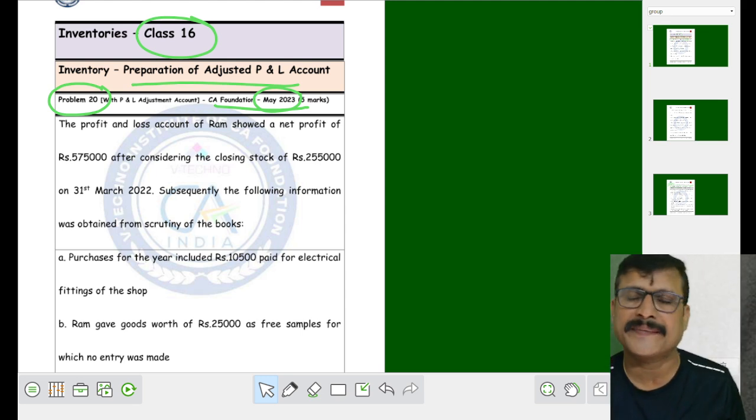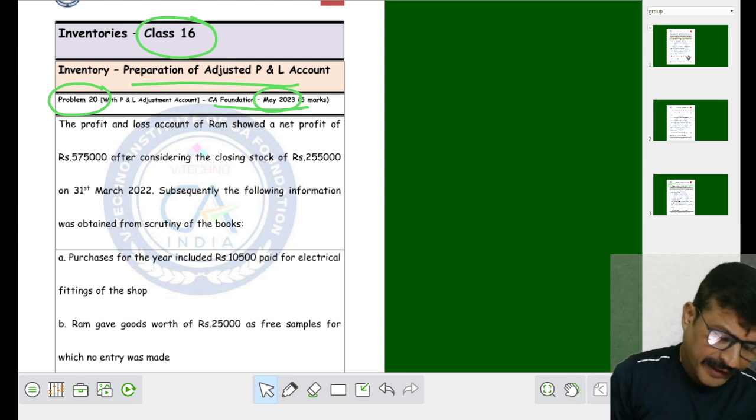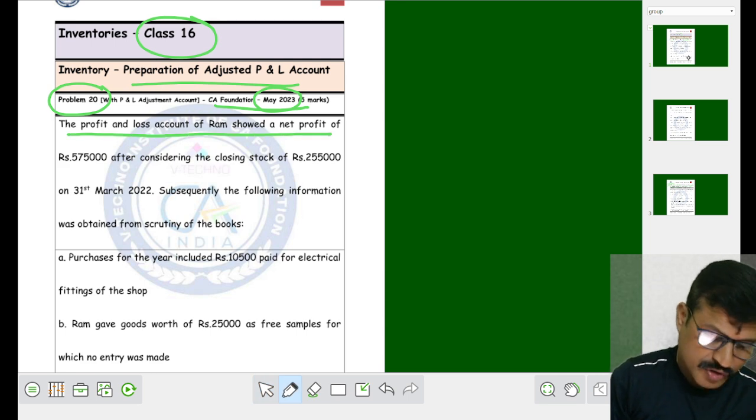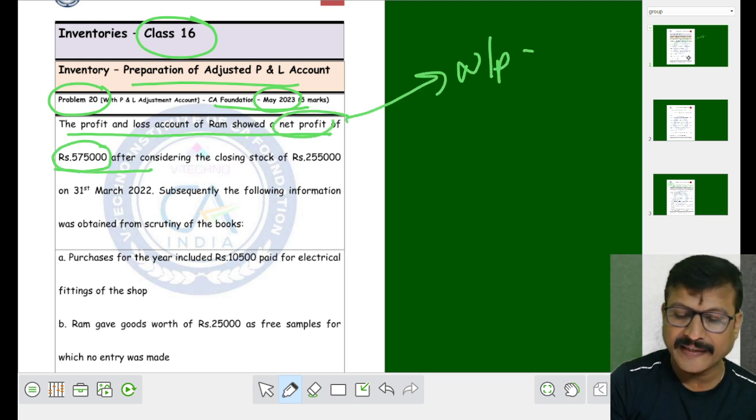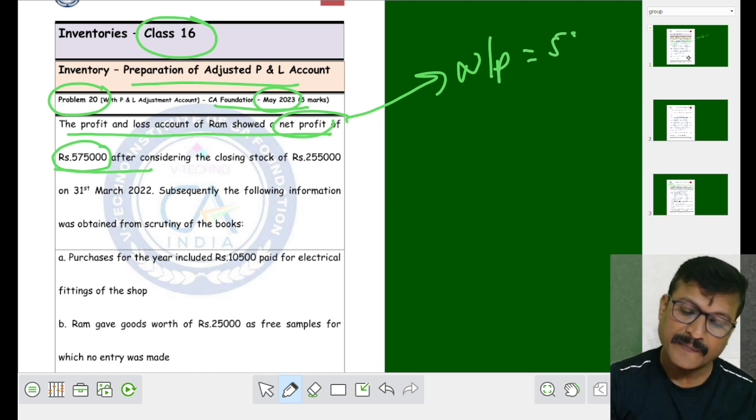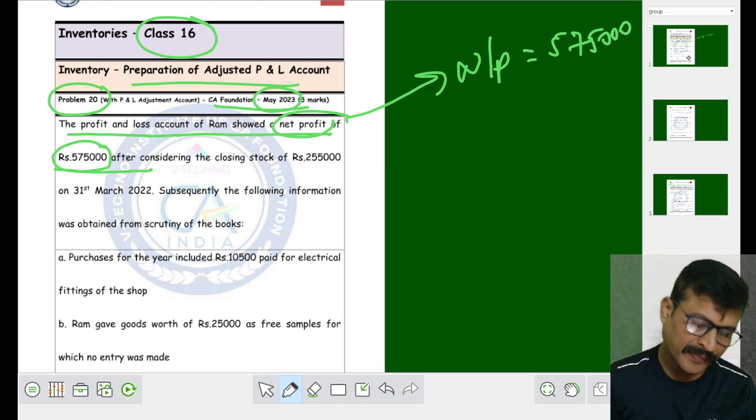See what happened here. Profit and loss account of Ram showed a net profit of 5,75,000. Let me write net profit of rupees 5,75,000. Okay.